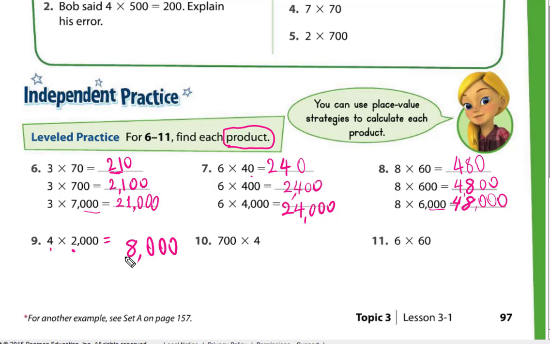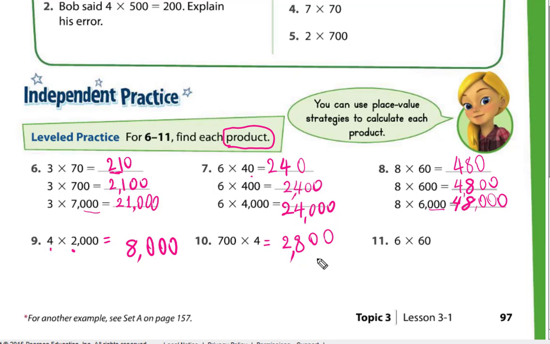Thank you. Muhammad Mansour. 700 times 4 equals? 280. 1 zero or 2 zeros? 2. So it's 2,800.